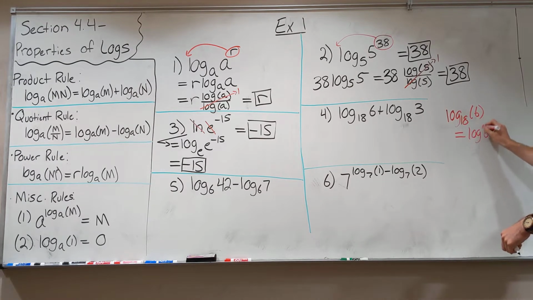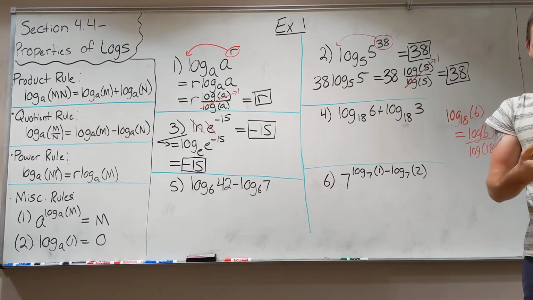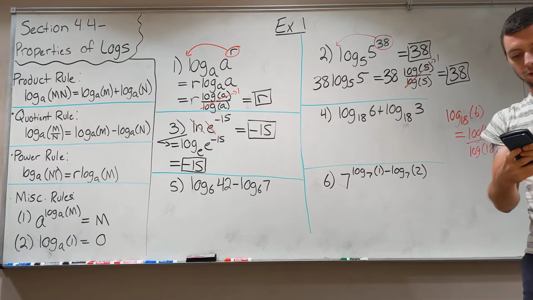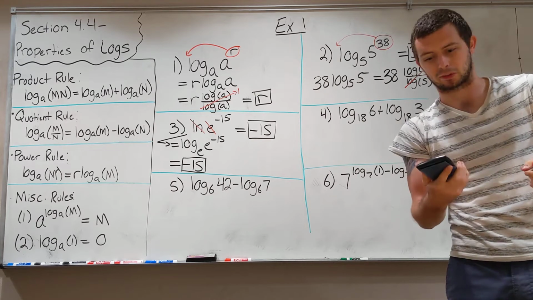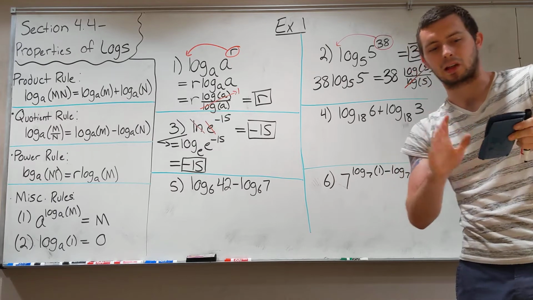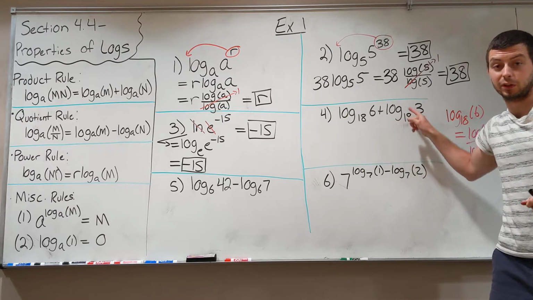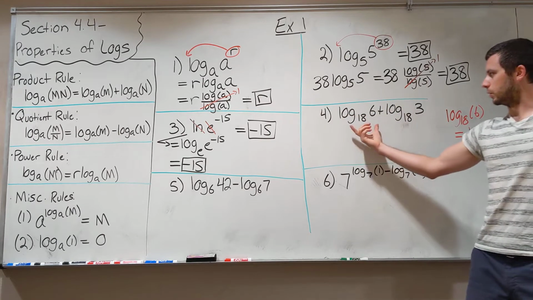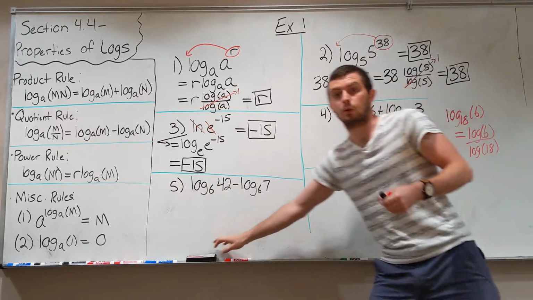So if you were to try and put this in your calculator, what you will end up getting, so let's see, log of 6 divided by log of 18, you're going to get a really, really messy decimal. In fact, it doesn't convert to anything. If you try to turn it into a fraction, it's not going to work. So the answer here is an integer, a whole number. But you will get nasty decimals from both of these individually, which motivates us wanting to combine them together.